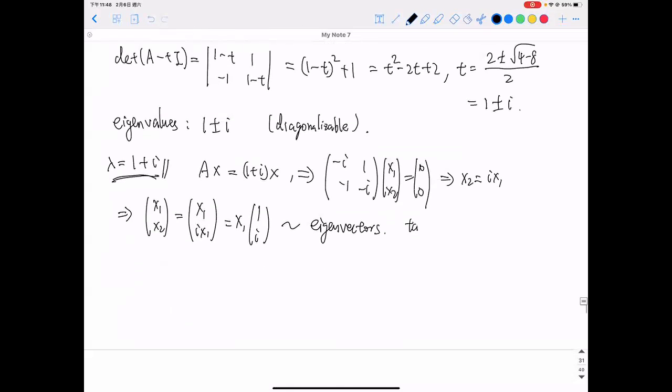And we are supposed to pick one of them. So take u to be (1, i).